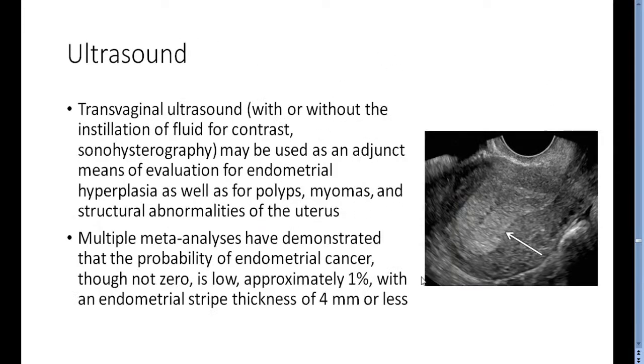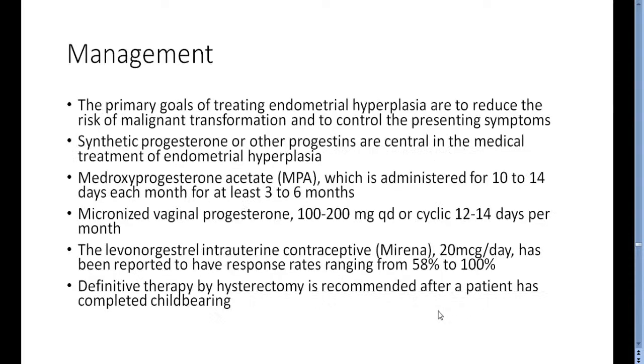Usually, if the thickness of the endometrium is more than 15 millimeters in women of reproductive age, it may be suspicious for premalignant disease of the endometrium, or even malignant disease. And for postmenopausal women, a thickness of endometrium more than 4 millimeters is usually indicative of proliferation of the endometrium, maybe due to cancer of the endometrium.